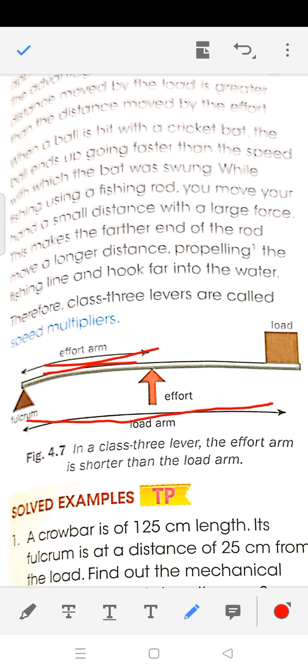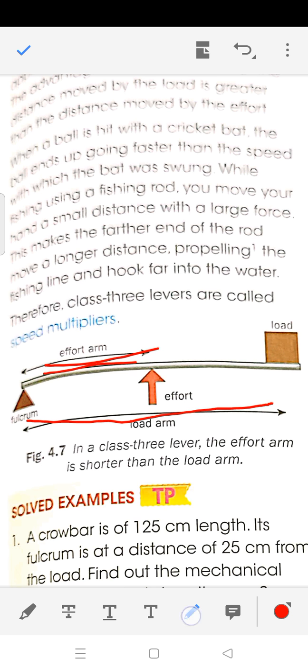So effort arm is smaller than the load arm. This is the example of class 3 lever. And hence, in class 3 lever, as the effort arm is smaller, the mechanical advantage will always be less than 1.